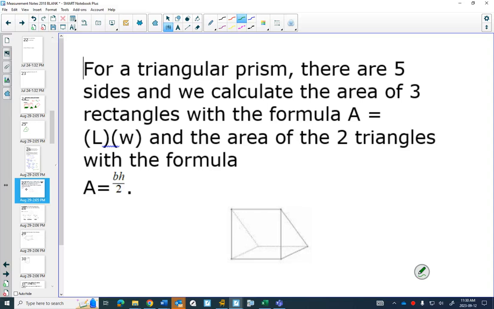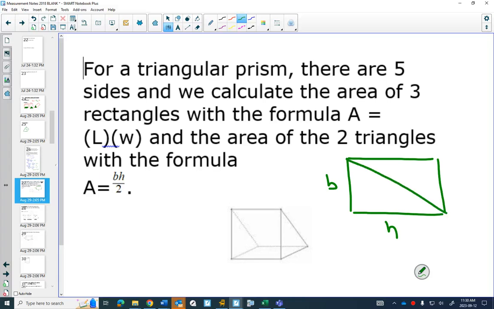To me it makes so much sense. If you know the area of a rectangle is base length times width, but if I call my length base and I call my width height, and you join the two diagonals together, does that not cut that rectangle perfectly in half? So the area of a triangle might be easy to remember as base times height divided by 2.